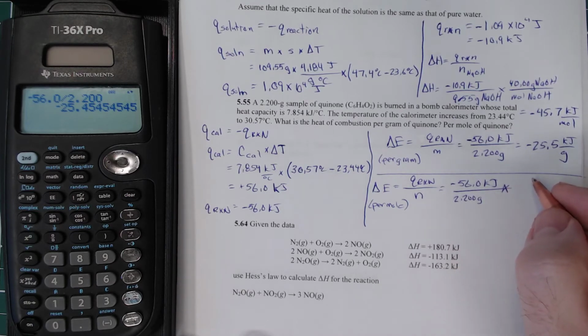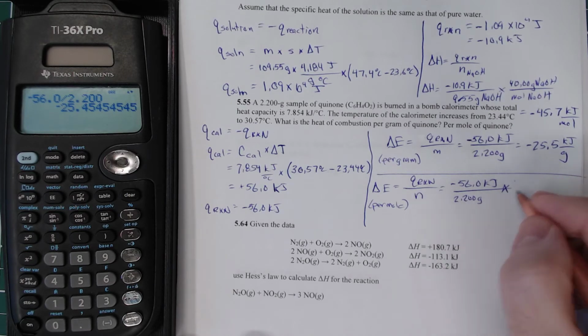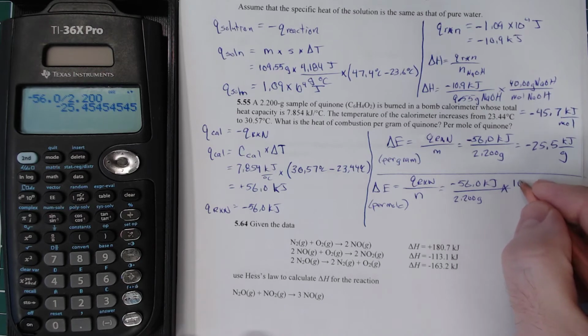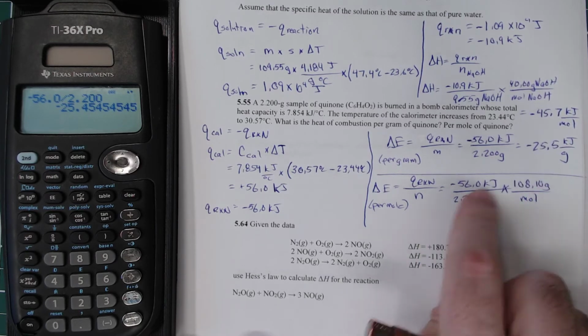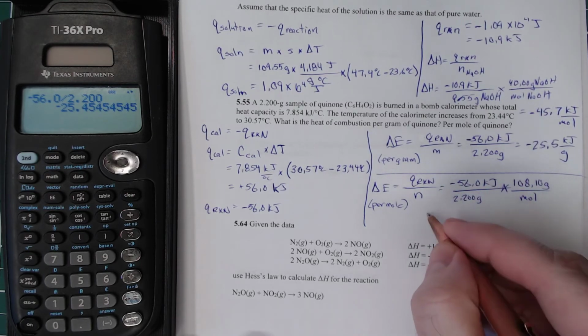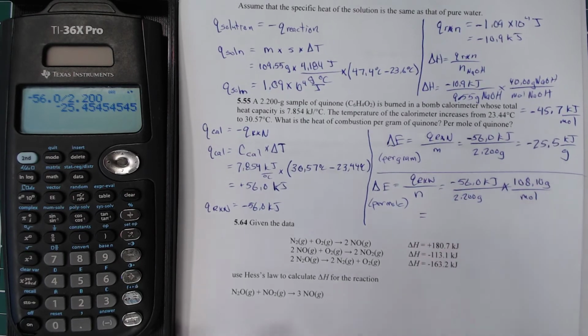The molar mass, because we want to convert that mass into moles, is 108.10 grams per mole. I did this a little earlier. So our grams cancel out and we'll get kilojoules per mole there.